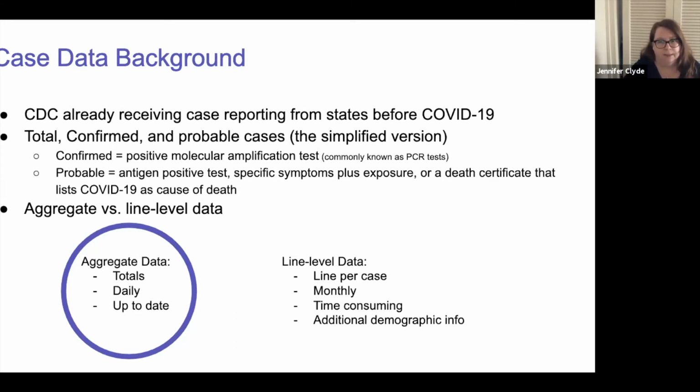The line level data is literally a de-identified line for each case with detailed demographic data and is only updated monthly. So for the rest of the call, I'm going to be talking about the aggregate data, as it's the most similar to the state reported or CTP data. The line level data sets are described and linked in the post that's up on the website now.